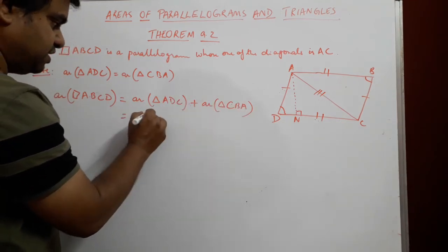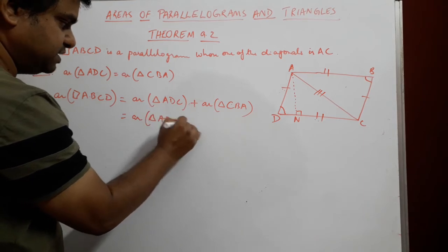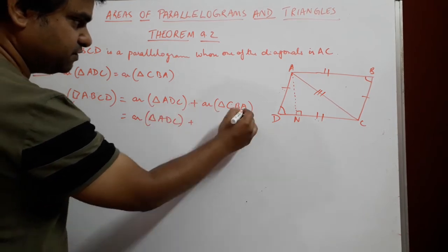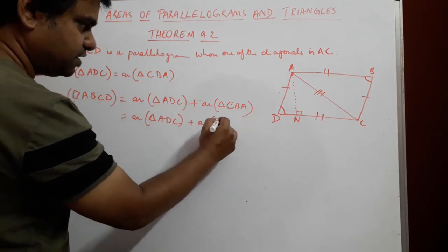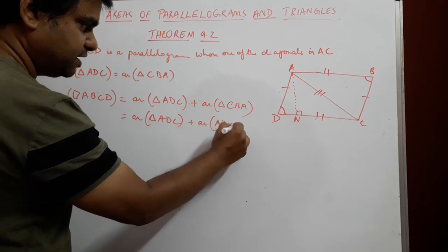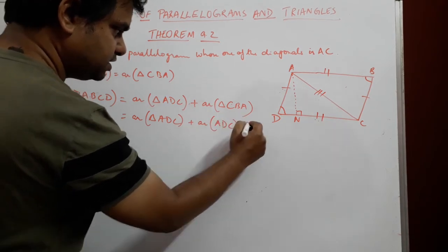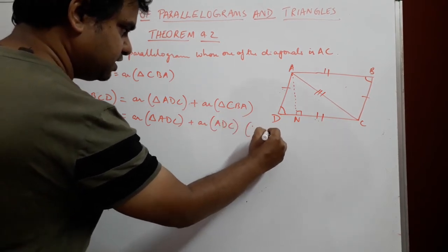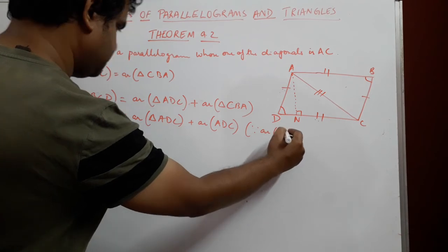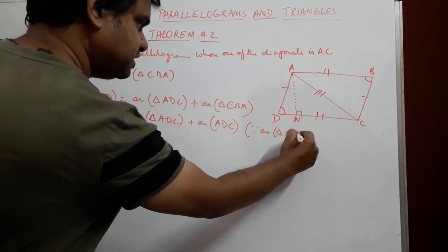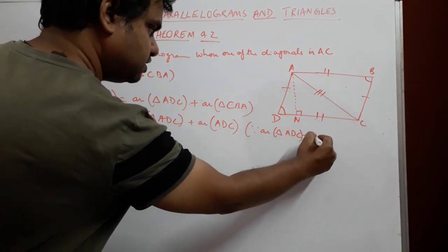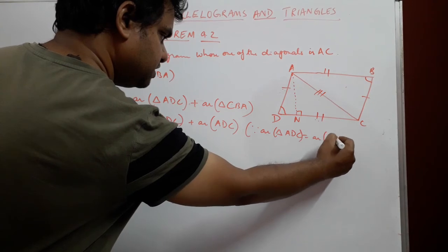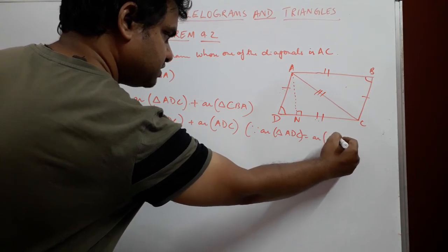So we say area of triangle ADC plus, instead of CBA we write area of triangle ADC. The reason we can give over here is that since area of triangle ADC is equal to area of triangle CBA.